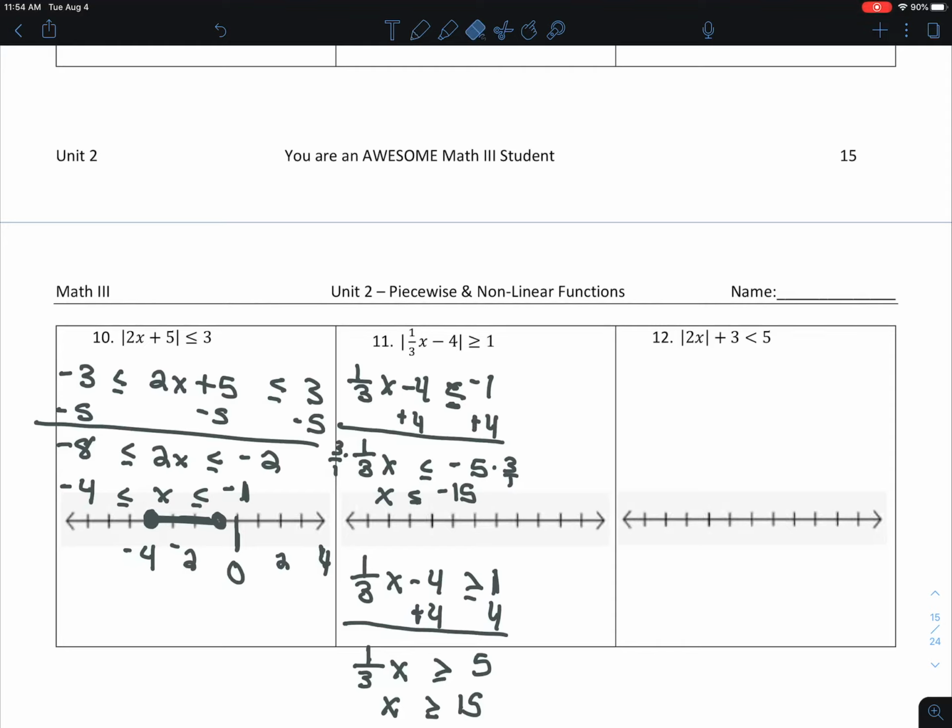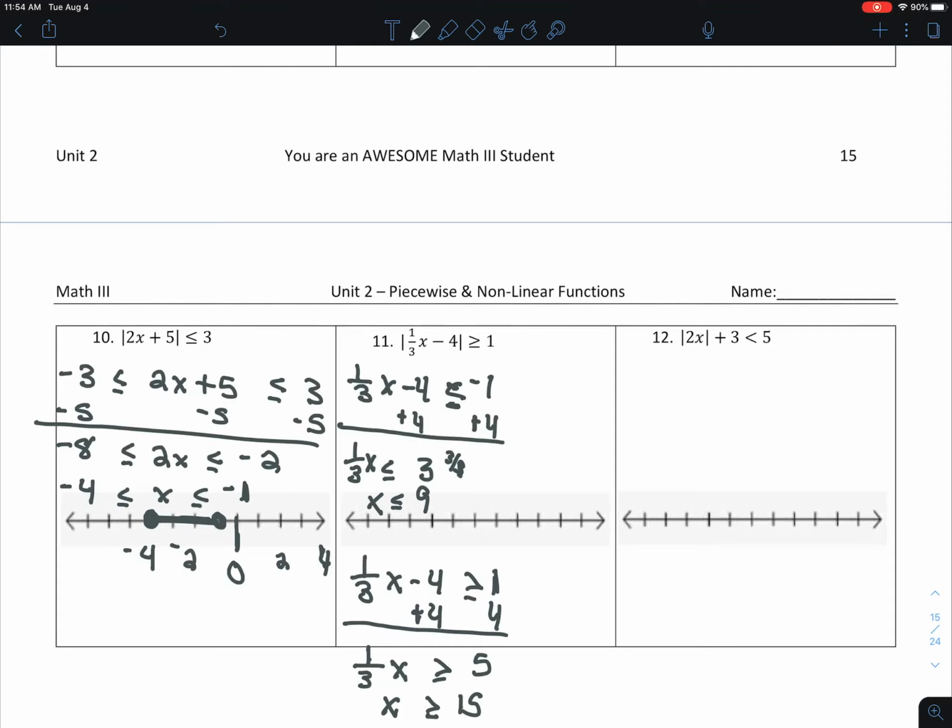When I subtract, I have to add 4. Sorry. And that's going to give me 3. Bad math. All right, so we have 1/3 x is less than or equal to 3. So that makes x less than or equal to 9, because we multiply by 3 over 1, the reciprocal, and we get 9.